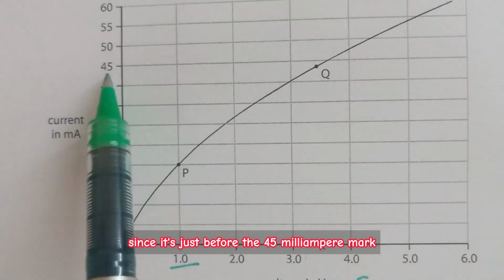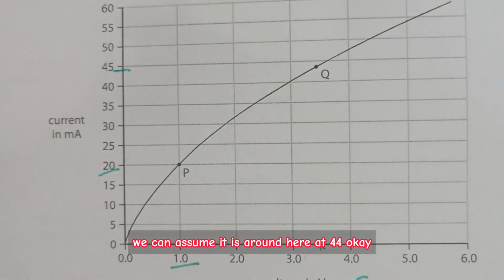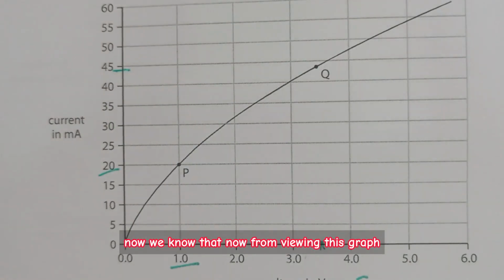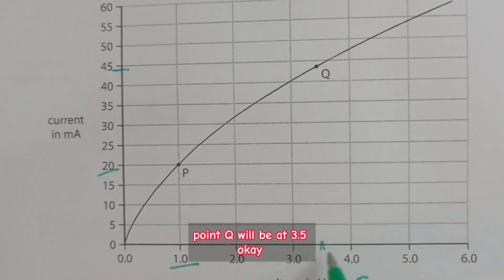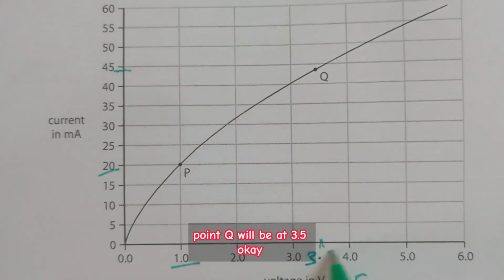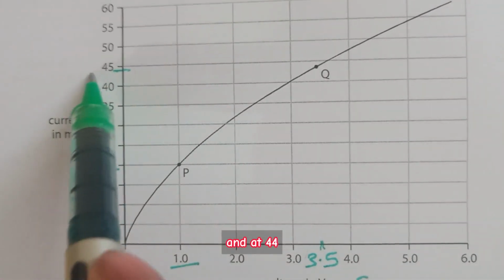Since it's just before the 45 milliampere mark, we can assume it is around here at 44. So from viewing this graph, we know that point Q will be at 3.5 volts and 44 milliamperes.